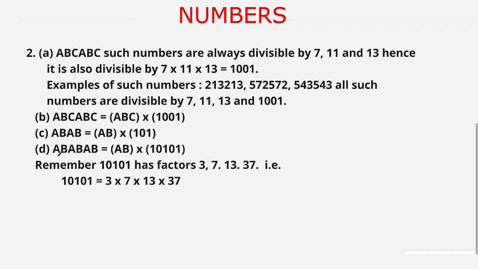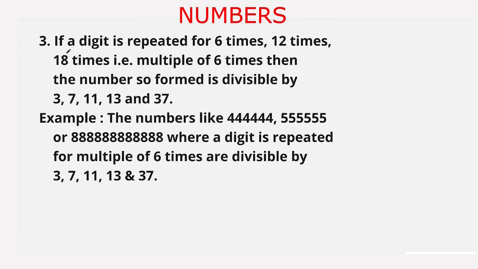This means that the number ABABAB, for example, 252525 or 626262, these numbers are always divisible by 3, 7, 13, 37 and 10101.